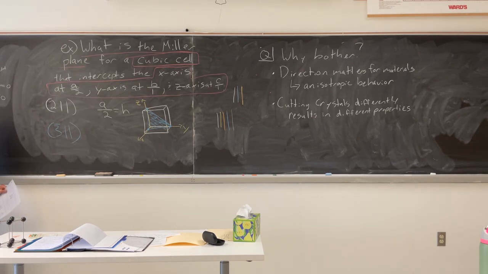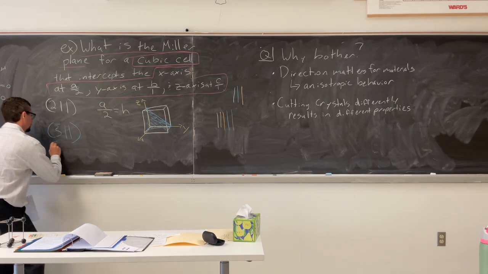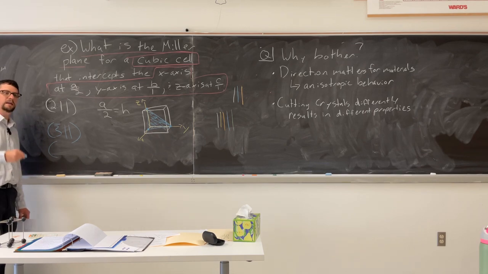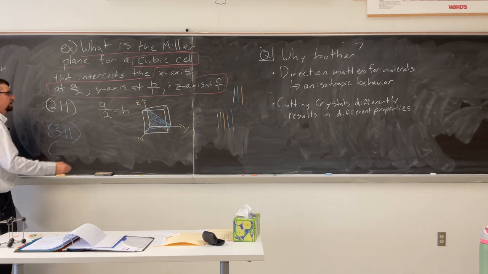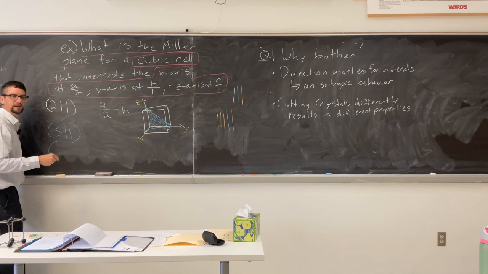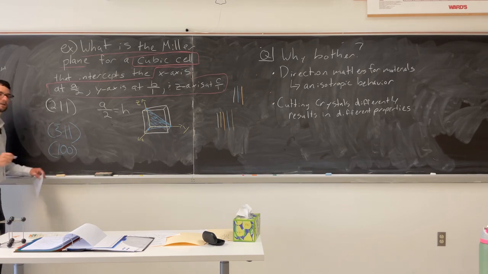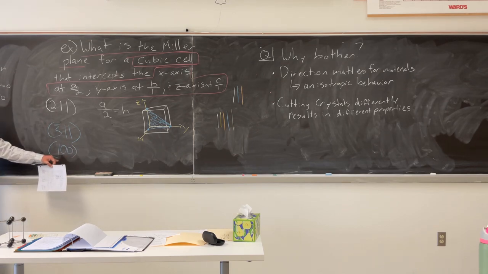What does that mean? How do we deal with that? When it's parallel, it has a value of infinity. Any number over infinity could be approximated to be 0. So these would be parallel to those directions.